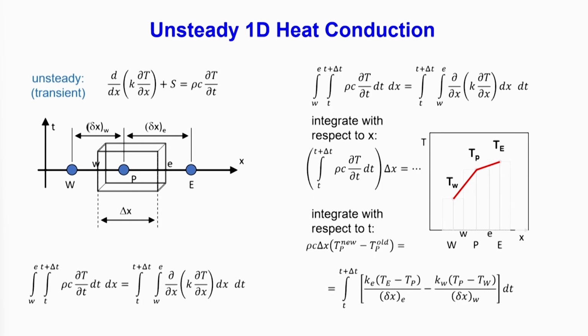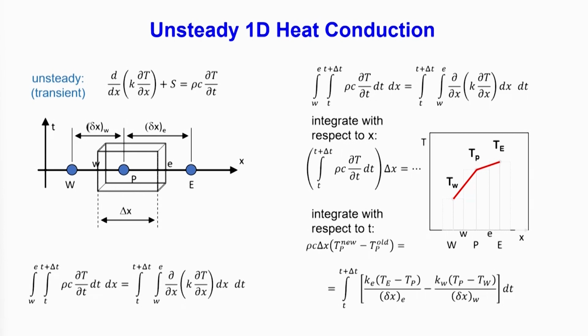In the unsteady heat conduction, we are now having an unsteady term. For the steady term we have seen how to integrate it, but now we have added a dimension. It is not the space dimension, but the time dimension.